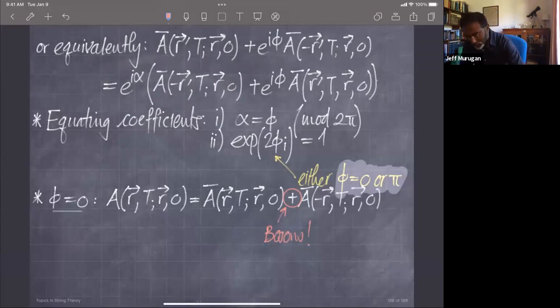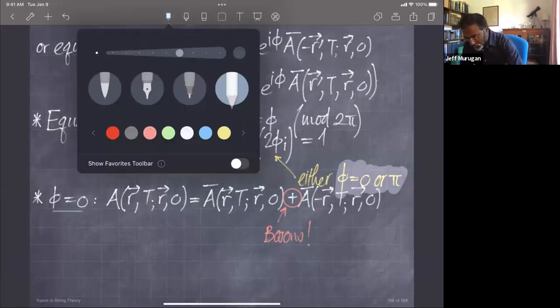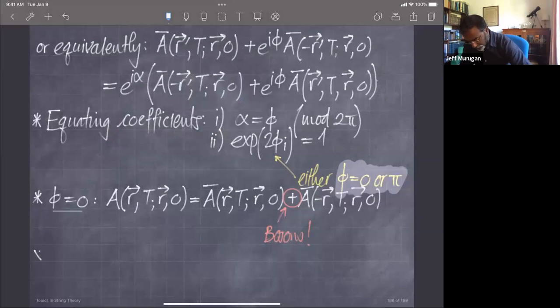On the other hand, if we had phi equal to pi, then we would find that the amplitude comes with a relative minus sign.